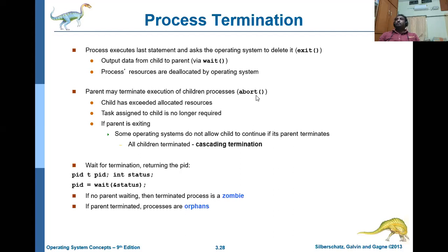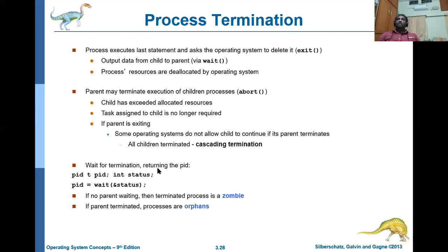So it can abort. The parent process has the capacity to close the child process. Also, some operating systems do not allow the child to continue if the parent terminates. That is, the parent is closing but the child is not closed, so automatically the child also will be closed. So these are the things that we have in process creation and process termination.